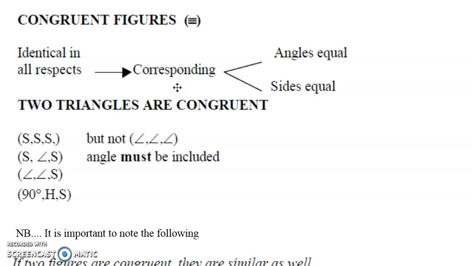Two triangles are congruent when all three sides are equal, or two sides with an included angle, or two angles and a side are equal, or when there is a 90 degrees, the hypotenuse and another side that are equal.